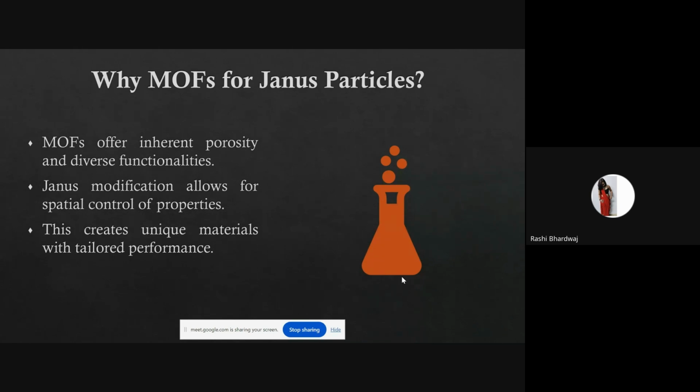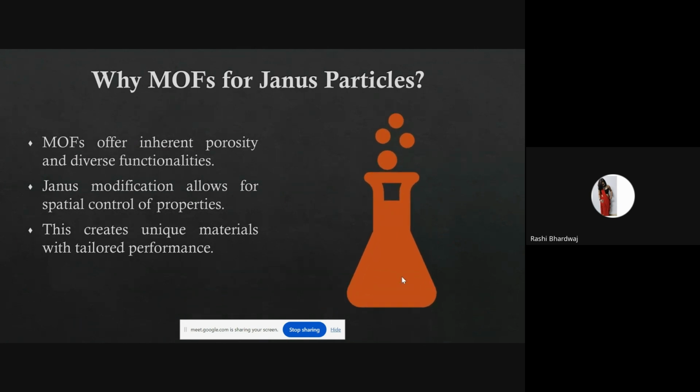So you can say that it unlocks a new level of material. You already have an MOF which has humongous properties. When you allow it to become a Janus particle via methods that I'll discuss in the incoming slides, you unlock a next level of material which can be used for various purposes.